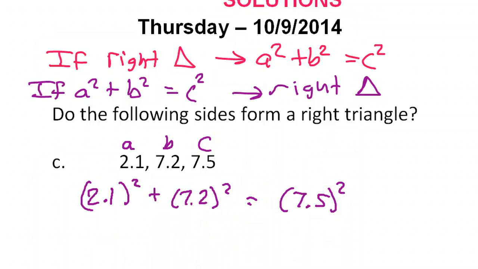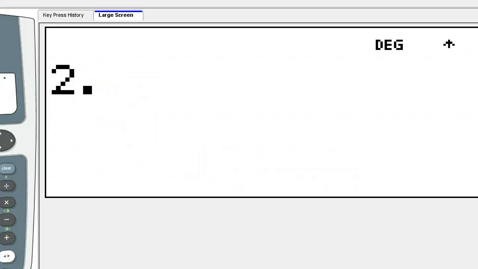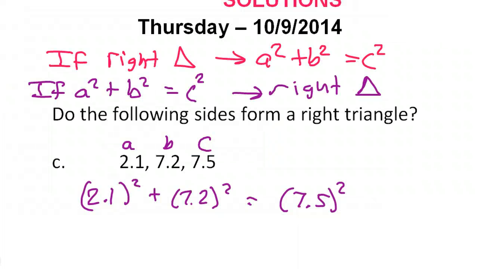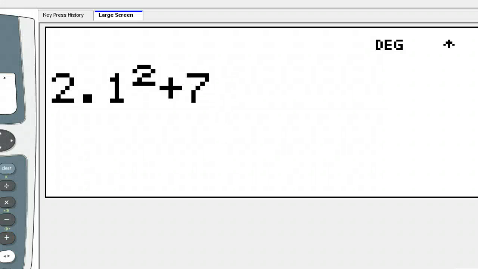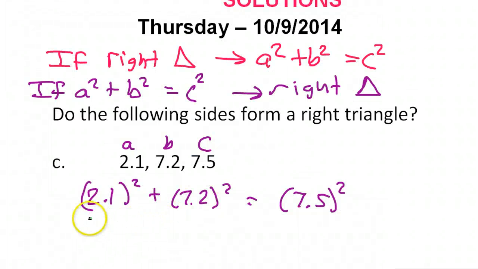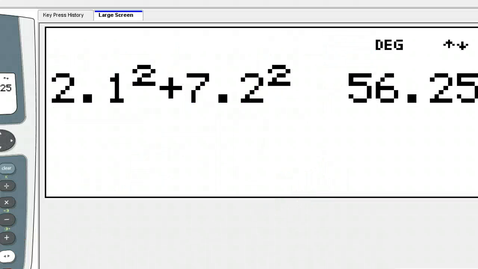Okay, so let's see. 2.1 squared plus, what was it, 7.2 squared. All right, that's 56.25. Okay, now 7.5 squared.